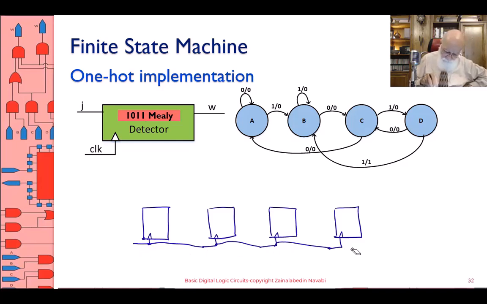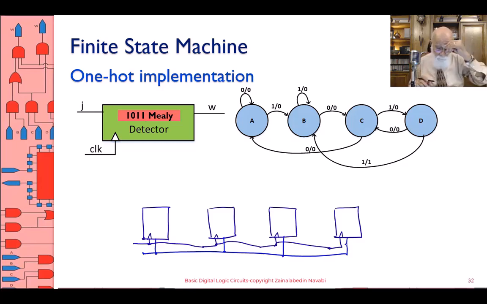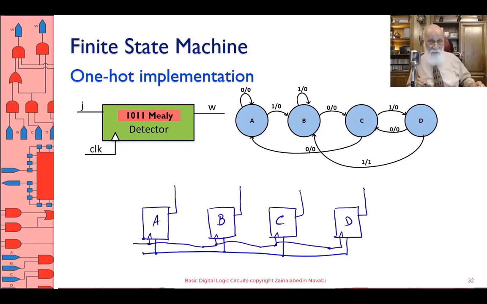Let me use a different color for the reset inputs. Okay. And then we have the 4 flip-flops that are A, B, C, and D. And when I am in state A, that means this output is 1, this, or this.